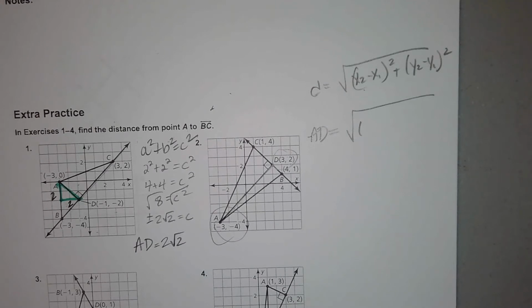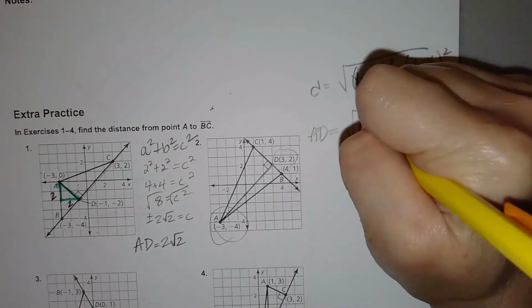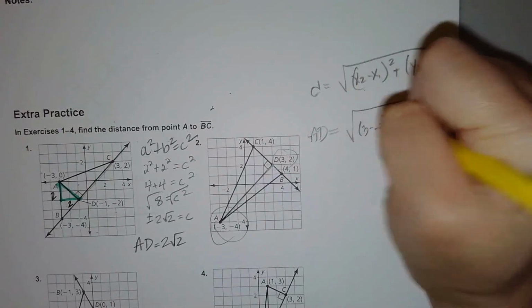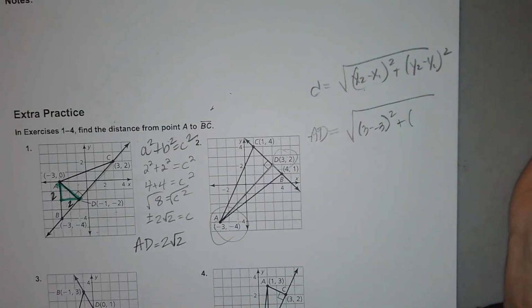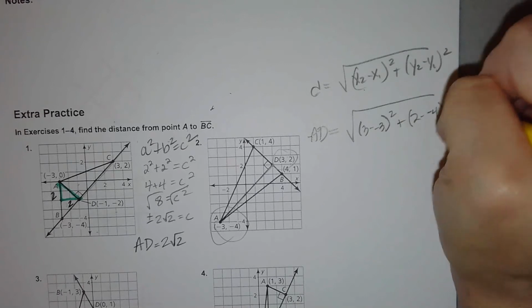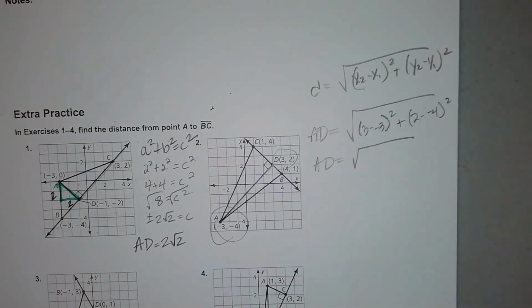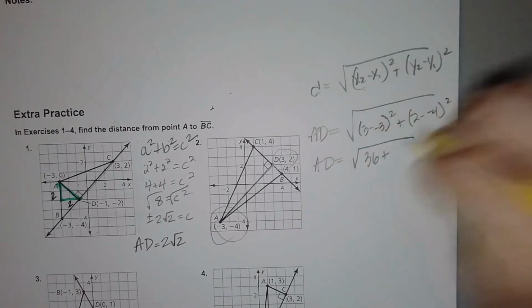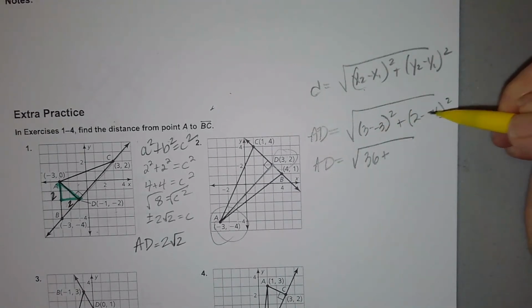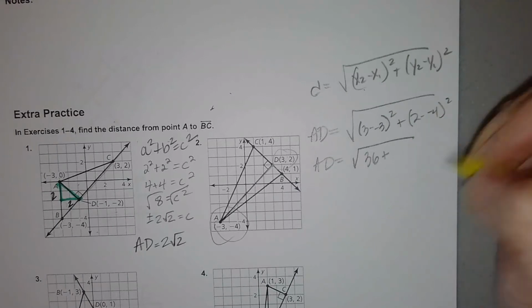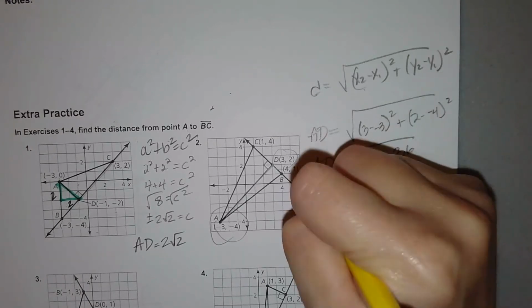Okay, so I'm going to do 3 minus negative 3 squared plus 2 minus negative 4 squared. So 3 minus negative 3 would be what, 6? So 6 squared is 36. 2 minus negative 4 would be 6. So 6 squared is 36.